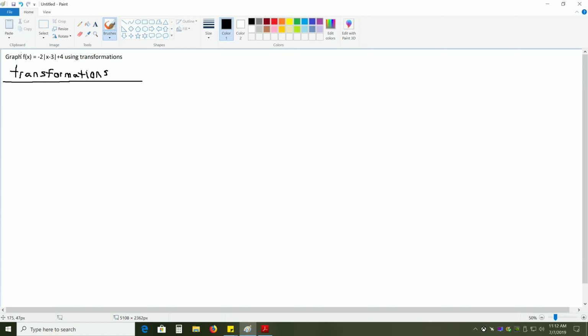If we remove all the clutter, all the numbers from it, the base or parent function would just be the absolute value of x. This function takes the absolute value of x and performs a bunch of transformations with it. So to graph using transformations, we will start with this parent function and then perform each transformation to it.